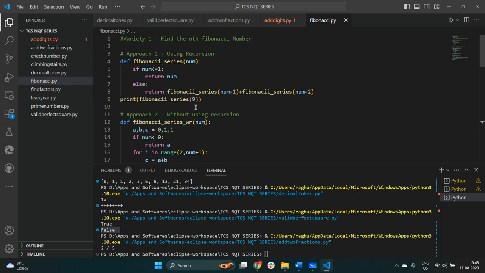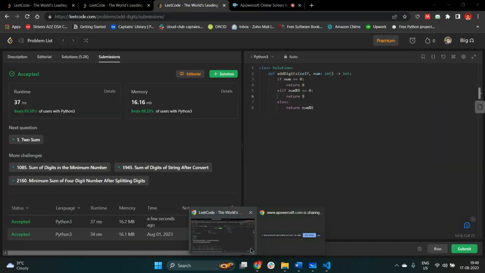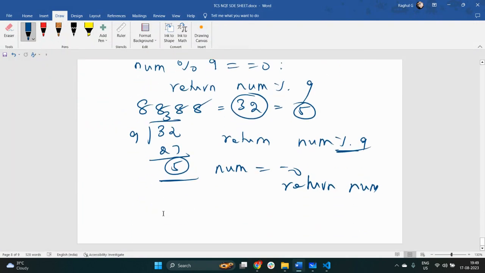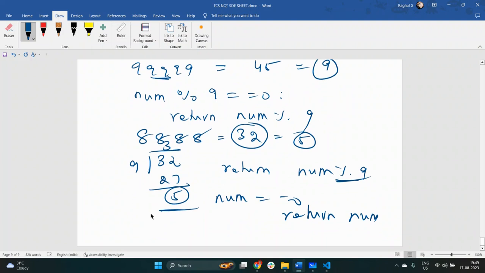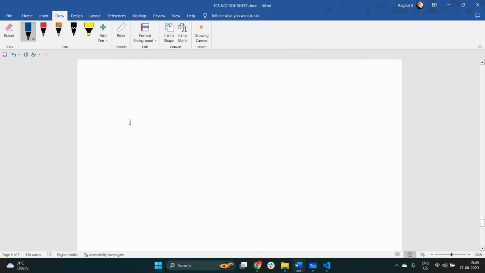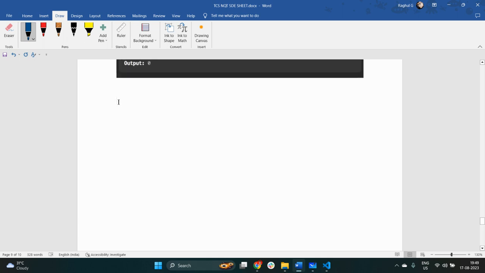There are a lot of approaches, but I'm going to use only these two: using recursion and without using recursion. You know how the Fibonacci series works. The series starts with the elements 0 and 1, and adding these two gives the next element, and adding these two gives the next element, and this goes on.